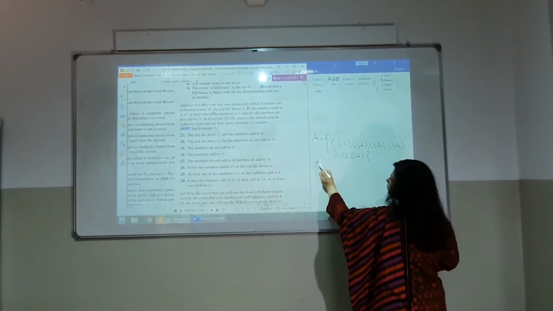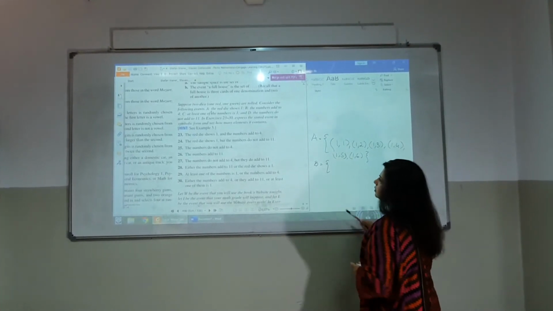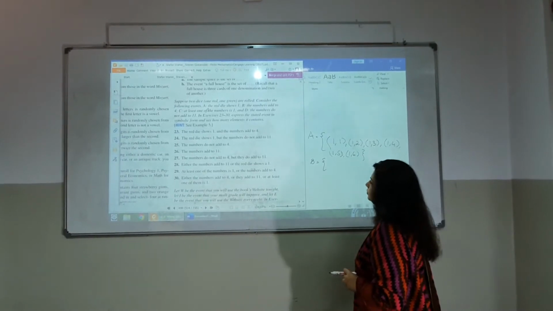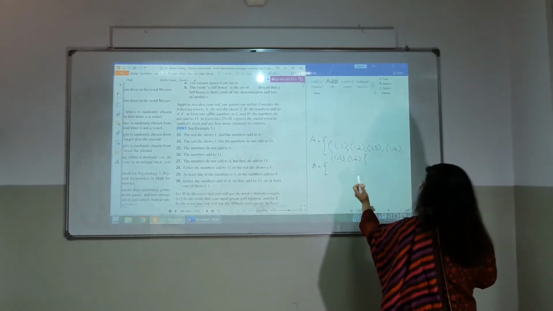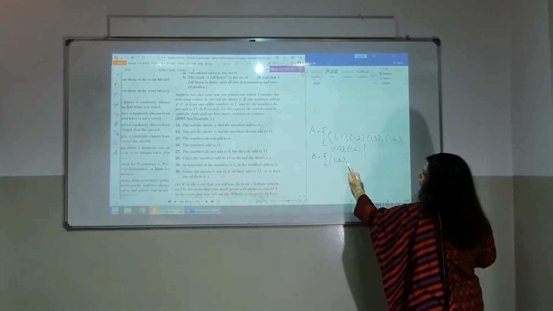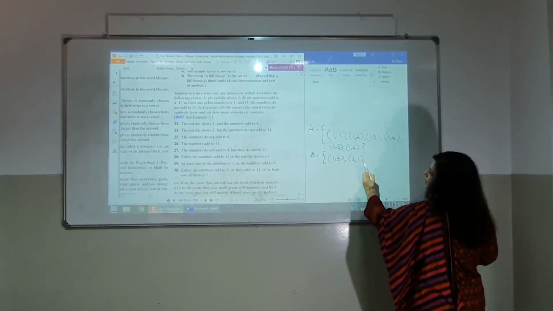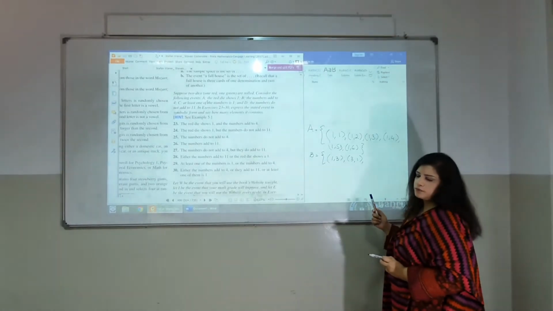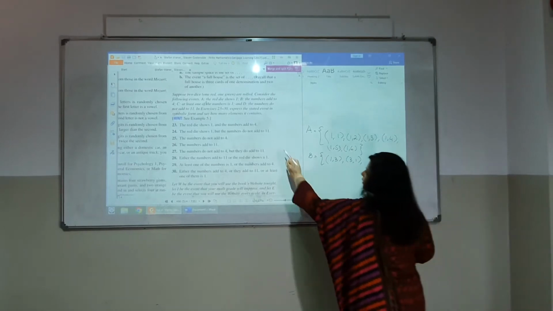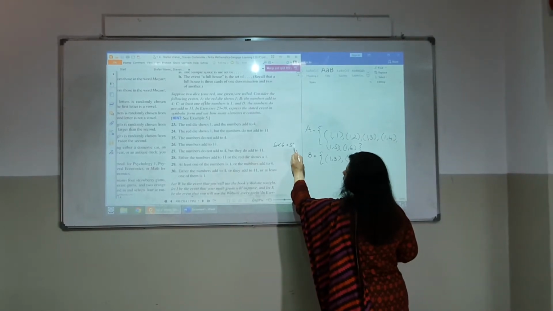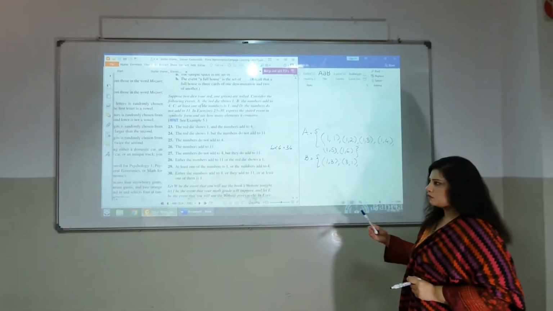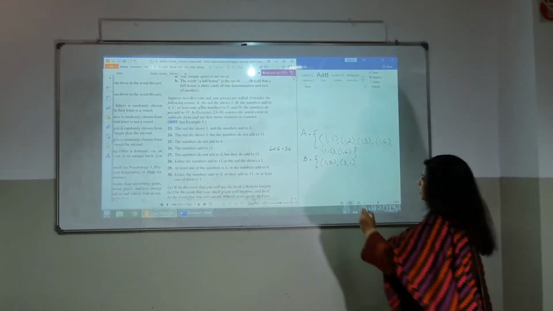Well, let's just have the other event. It says the numbers add to 4. Okay. So now you see that the numbers 1, 3, I can just pick 1 from here. Then I would also know that this is also adding to 4. Now you have to draw the whole sample space of 6 into 6 equal to 36 possibilities for rolling the two dice that I discussed just in the previous lecture.